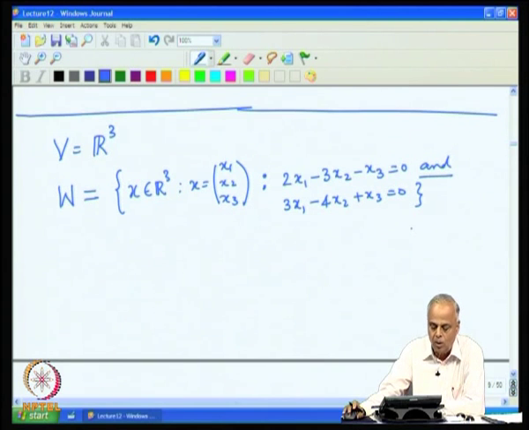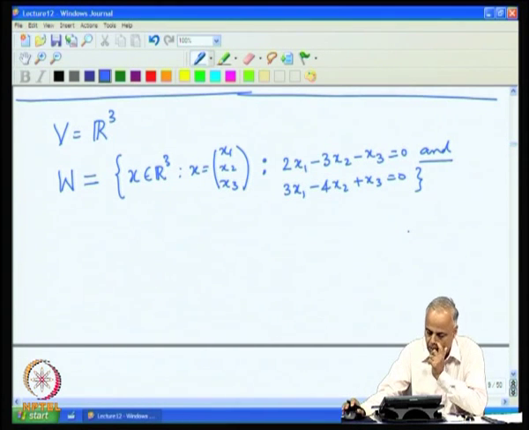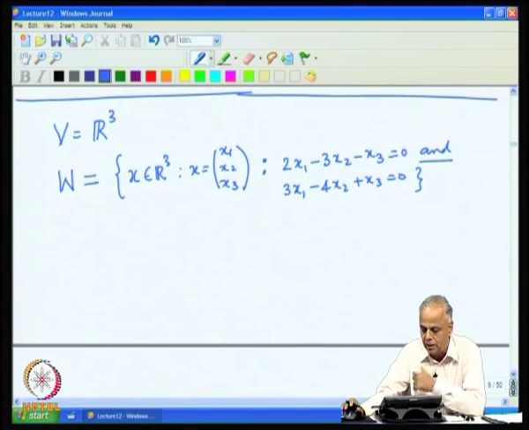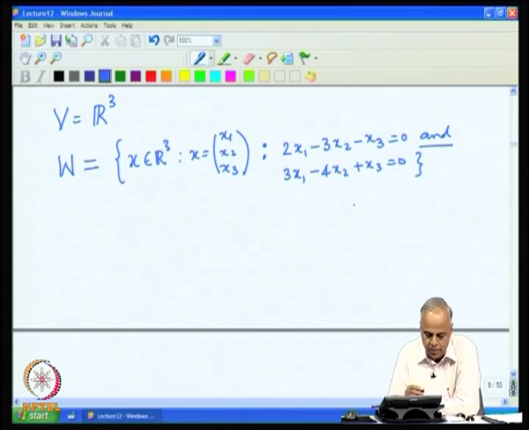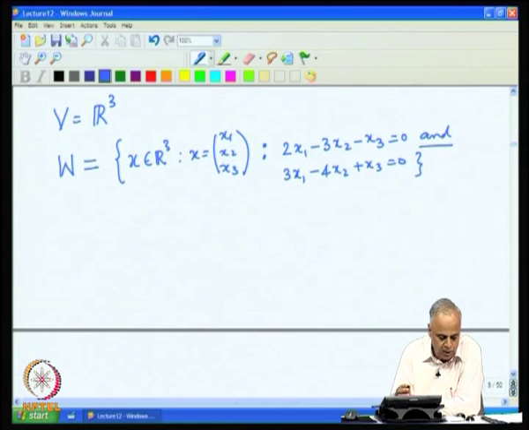We are looking for all those vectors whose components x1, x2, x3 are such that these two conditions are satisfied. We can look at W as follows.